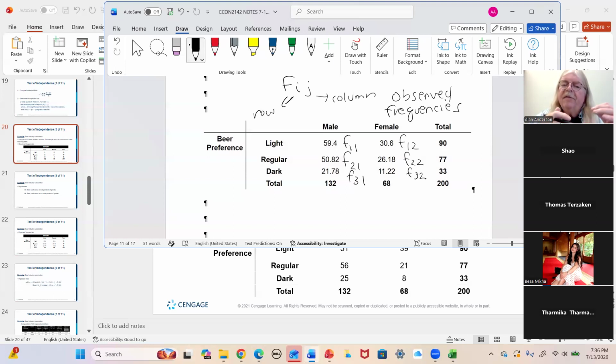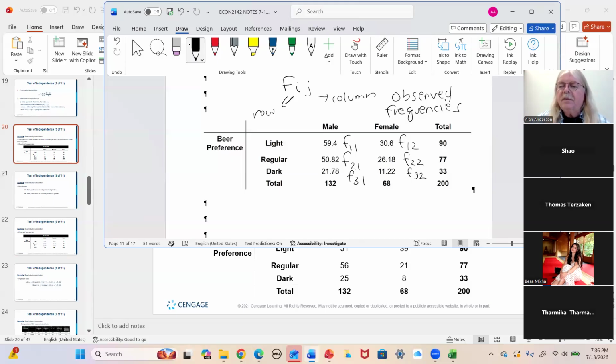In other words, if 22% of the men like light beer, then 22% of the women should also like light beer. 50% like the dark, men and women, and all the way down. So we don't need an actual distribution. We can figure it out directly from these numbers.